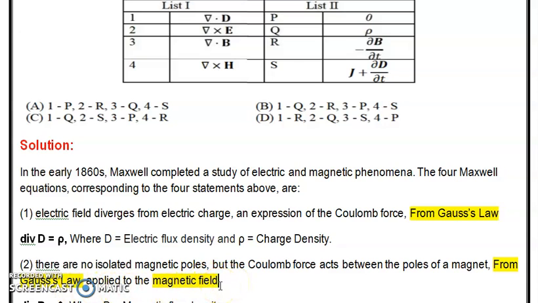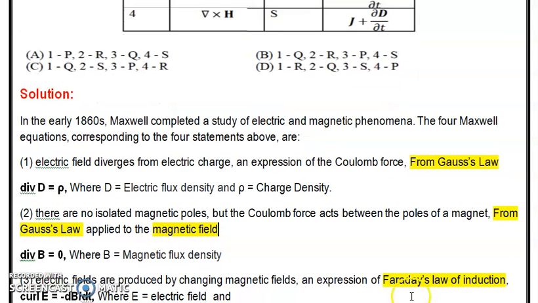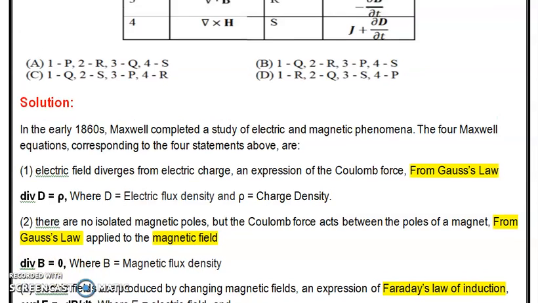What exactly Gauss law applied to the magnetic field gives is divergence B is equal to 0, where B is the magnetic flux density. Earlier we saw D, the electric flux density. Here we have B, the magnetic flux density. So divergence B is equal to 0.